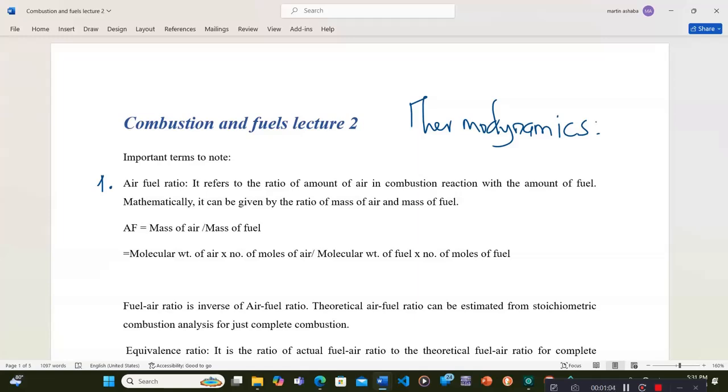Mathematically, it can be given by the ratio of mass of air to mass of fuel. So AF, which is the air-fuel ratio, is equal to mass of air divided by mass of fuel.